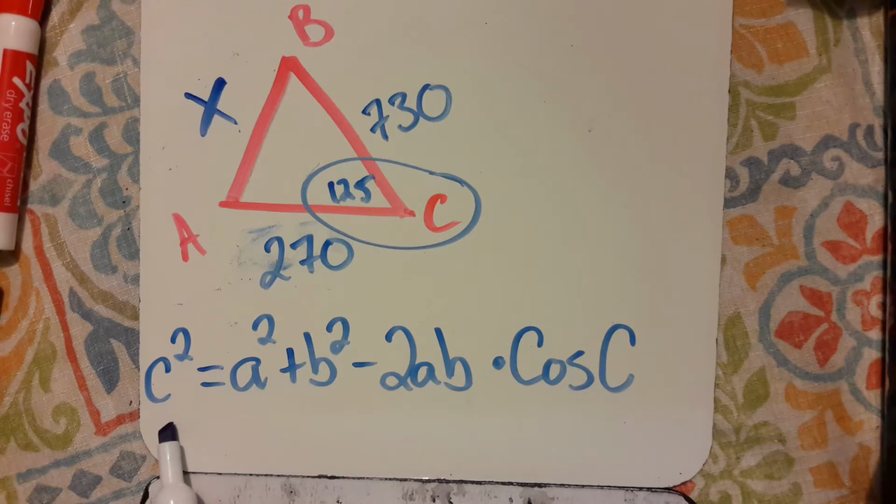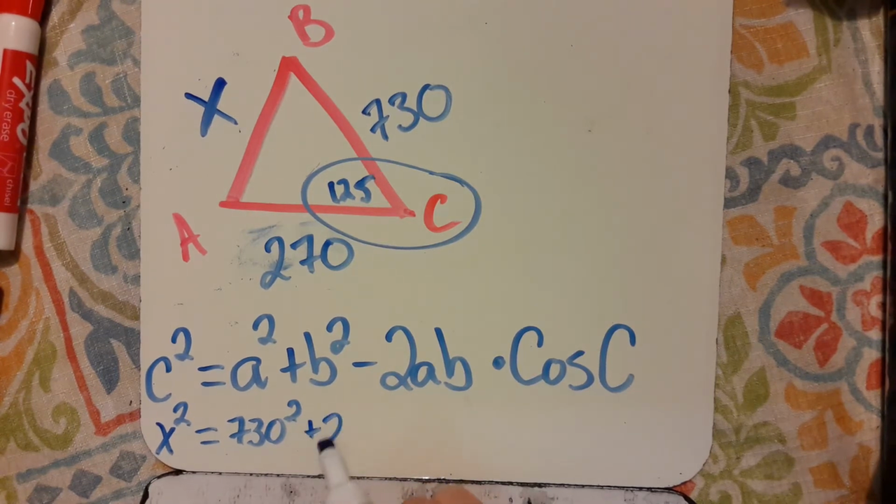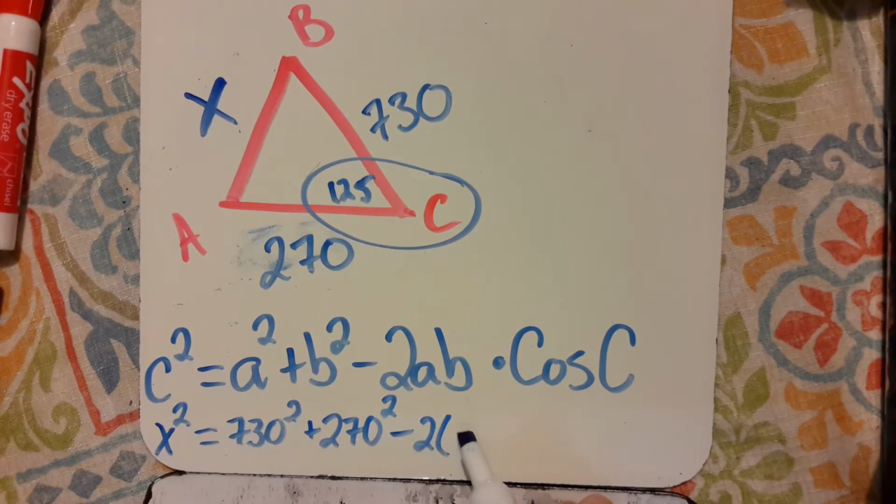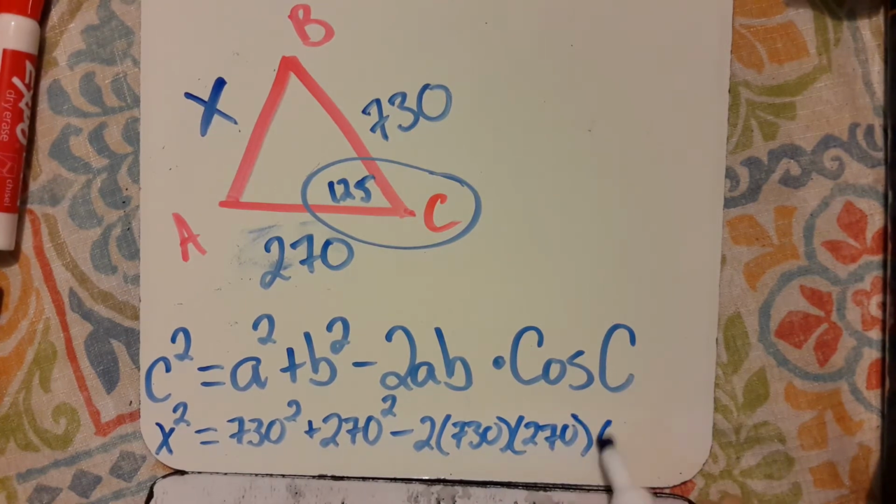So I don't know what C is, so that's just going to be x squared. I do know what A is, that's 730 squared. And I do know what B is, that's 270 squared, minus 2 times A times B times the cosine of angle C, which is 125.